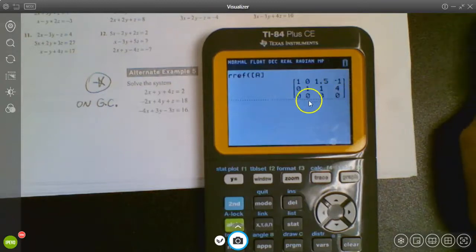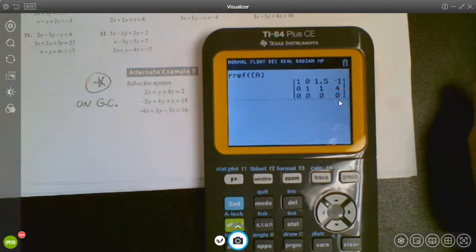Here I am left with 0 equaling 0. I am left with a true statement of 0 equaling 0. When we have those true statements, that's how we know it's an infinitely many solutions case. So that's one of our special cases that we can recognize.